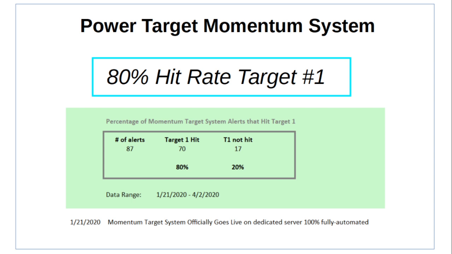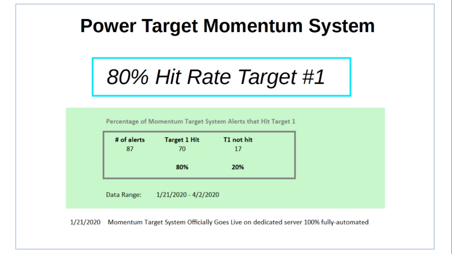The reason for that is that with the current ranges, and I'm going to let Jeffrey talk about the dynamic targets in a minute, the targets are dynamic and everything's based on the ranges in the market. Since we're seeing extraordinary ranges right now, target one on a typical day is in the vicinity of where target three might have been in the past when the ranges were a lot smaller.